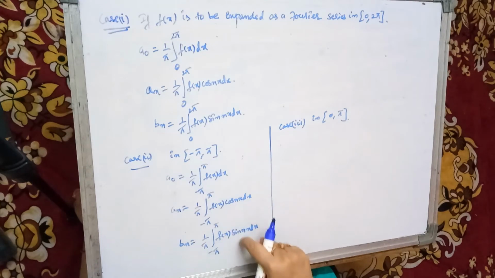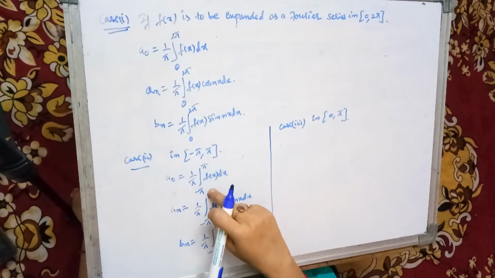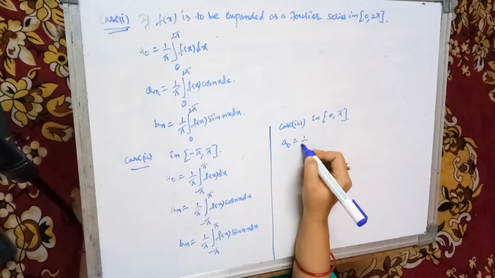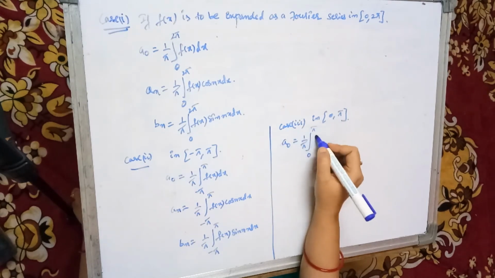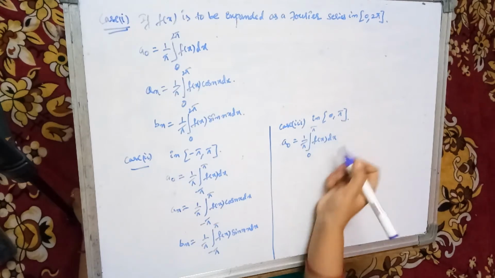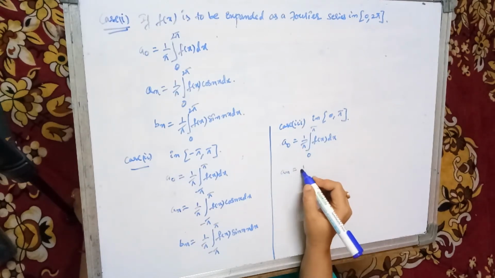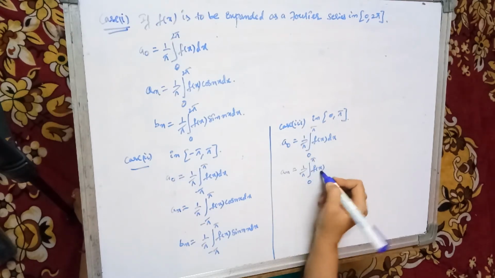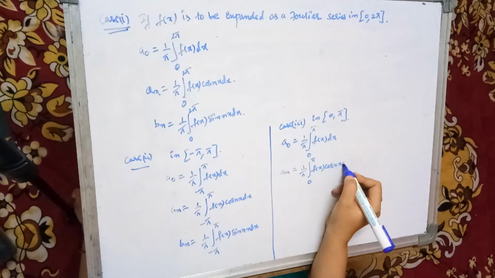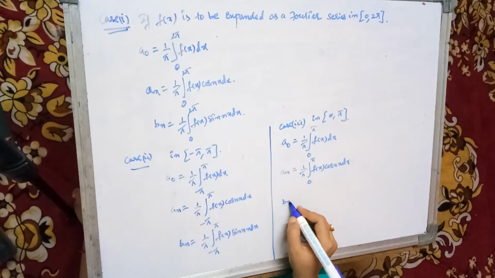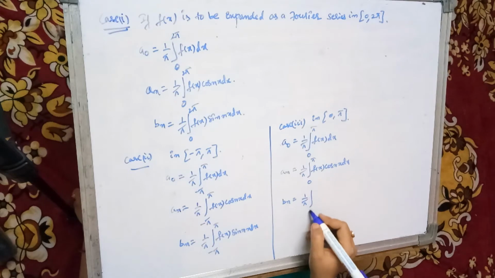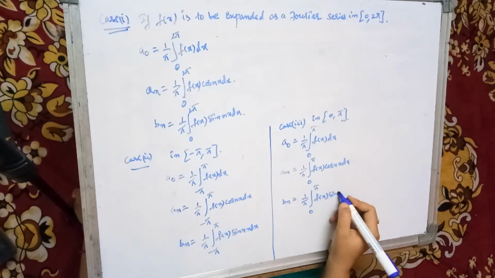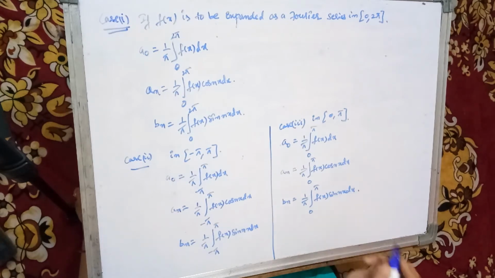See, the functions are not changing, only your limits are changing. a naught is equal to 1 by pi integrating 0 to pi f of x dx. an is equal to 1 by pi integrating 0 to pi f of x cos nx dx. bn is equal to 1 by pi integrating 0 to pi f of x sin nx dx.